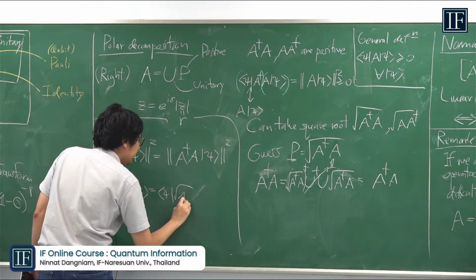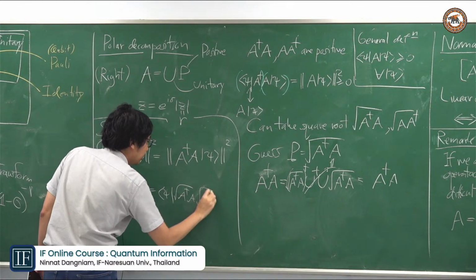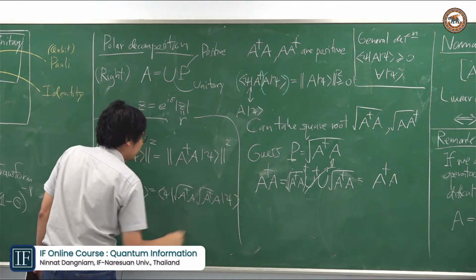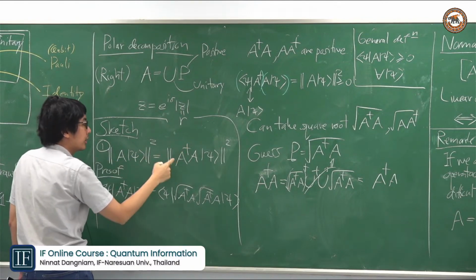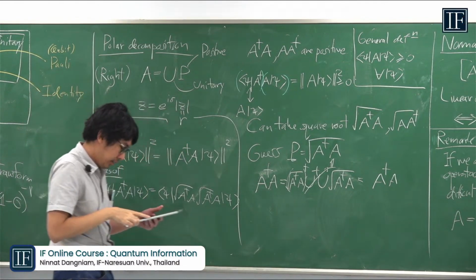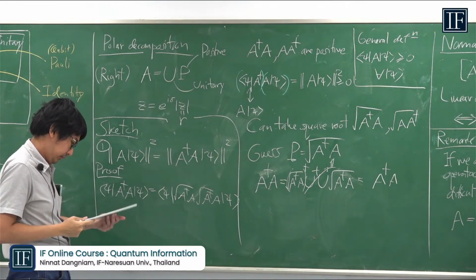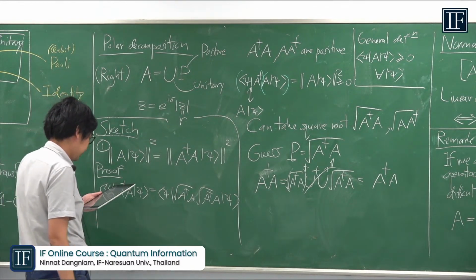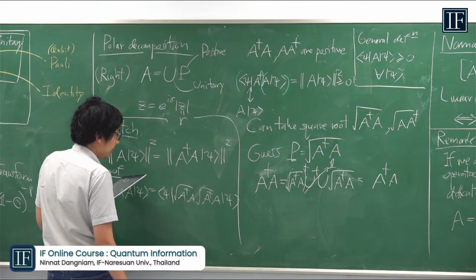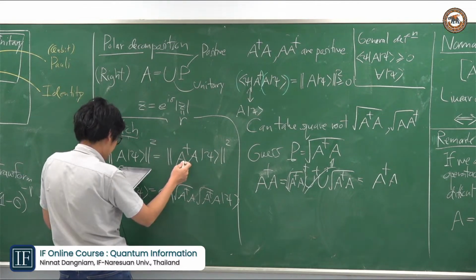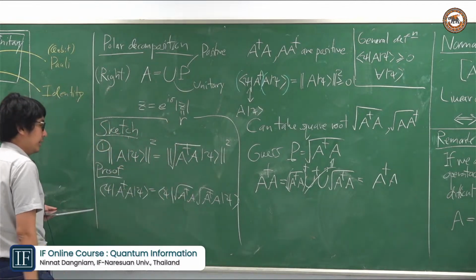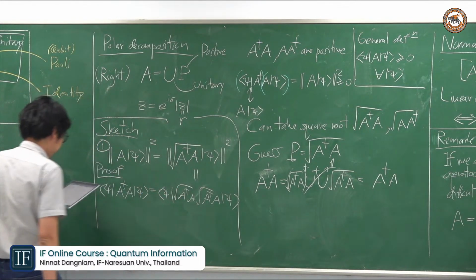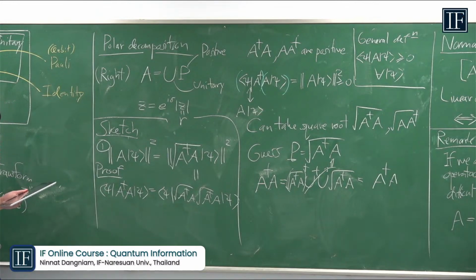You split this into two parts. And this guy is just that guy. Right, I need the square root, that's good. Yeah, it's just that guy. And what would this mean?